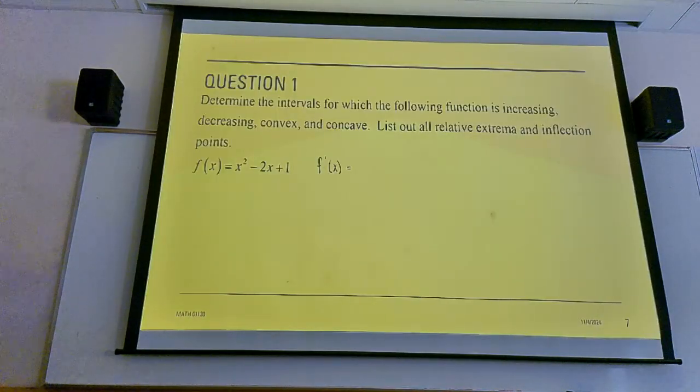First thing we need is f prime. Let's also find f double prime, why not? List that out.